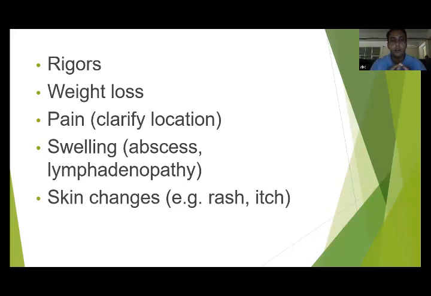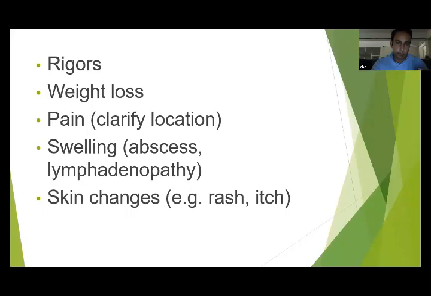So fever with chills and rigors: malaria, UTI, and abscess anywhere in the body. Weight loss: if a patient has significant weight loss, think about malignant disorders or a very serious infection such as HIV or TB.